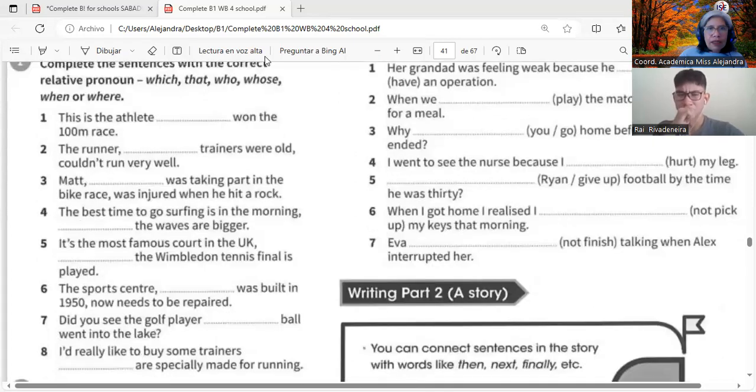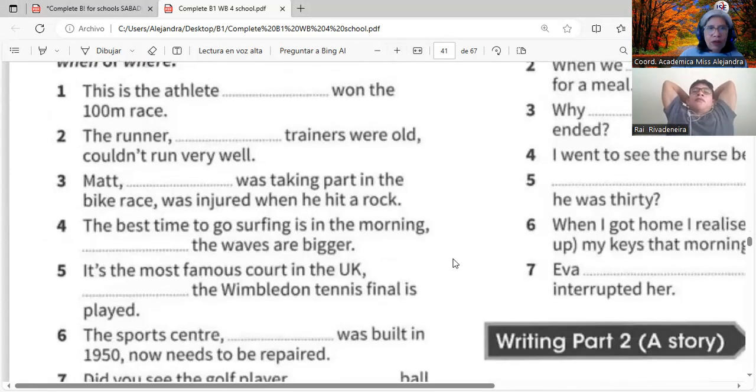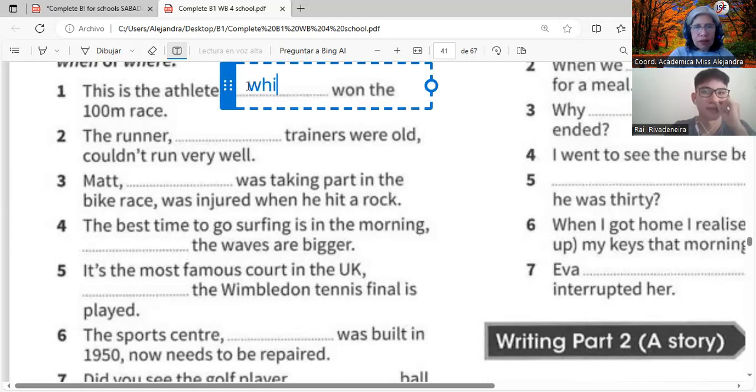Complete the sentences with the correct relative pronoun. Okay? Which, that, who, whose, when, or where. So take a look and tell me, how can I complete it? This is the athlete who won the 100 meters race.